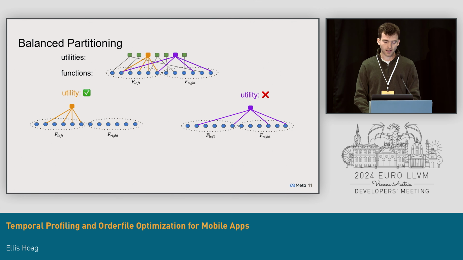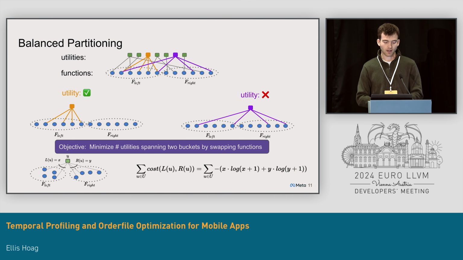On the other hand, if you have this utility vertex in purple, it has edges that span the two buckets. It has edges in both the left and right buckets. And we consider this bad because functions are sharing this utility vertex, but they are far apart from each other, so they will end up far apart in the final binary.